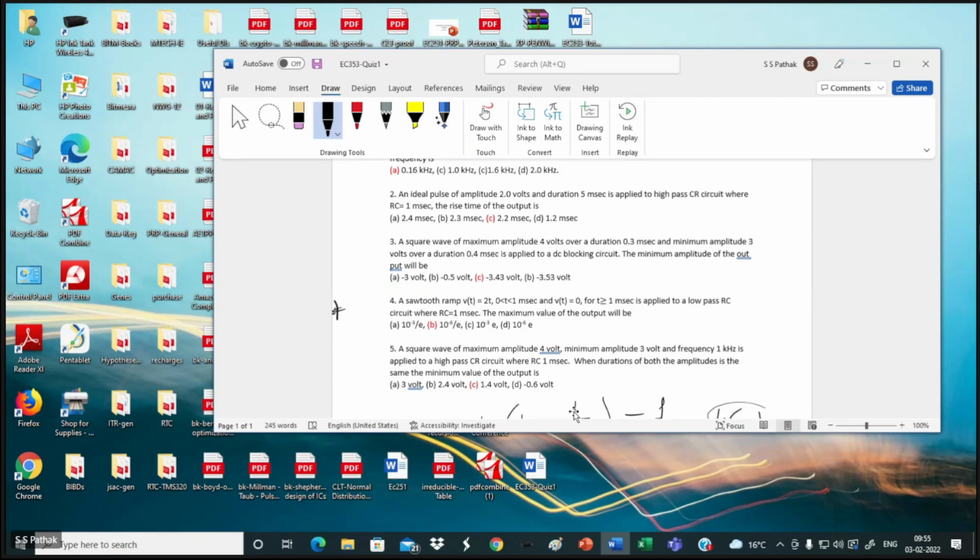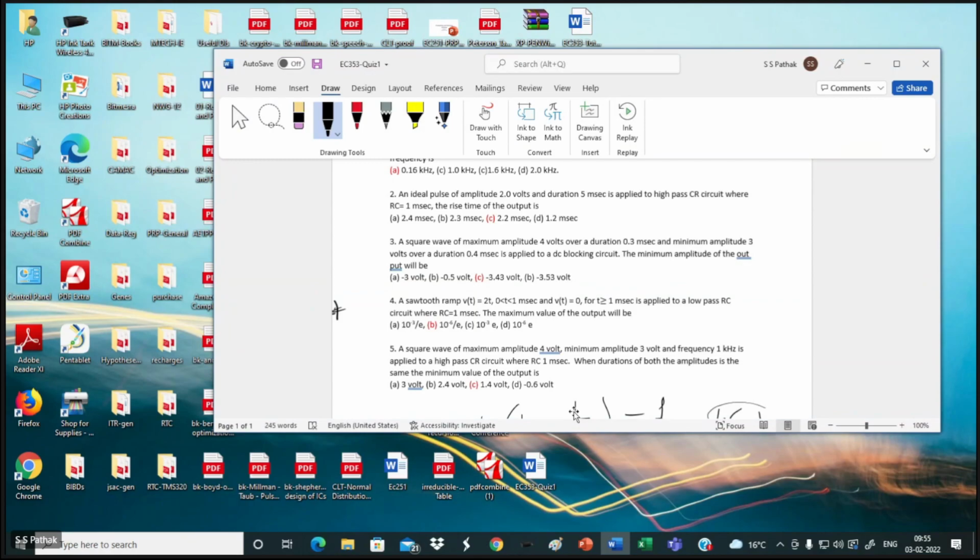Sir, here in 5th, DC voltage will not be subtracted. Oh no. If the DC blocking means what? Read the question carefully. Is applied to a DC blocking circuit. That is steady state case, DC has been blocked. It is ideal.